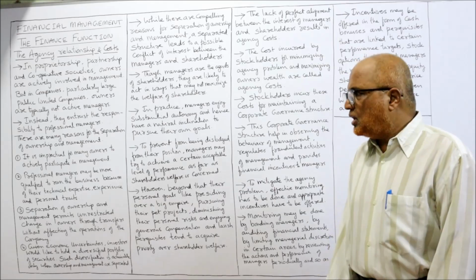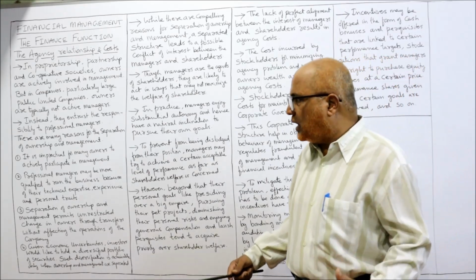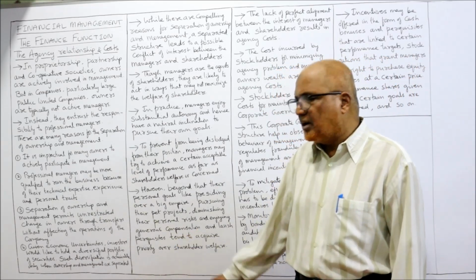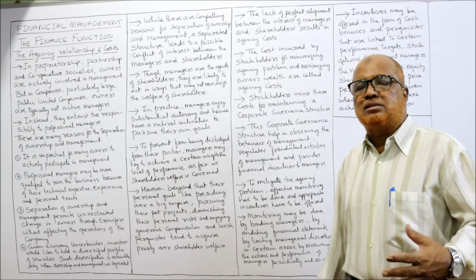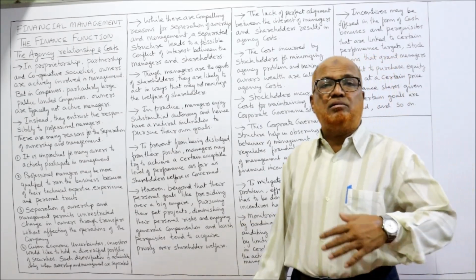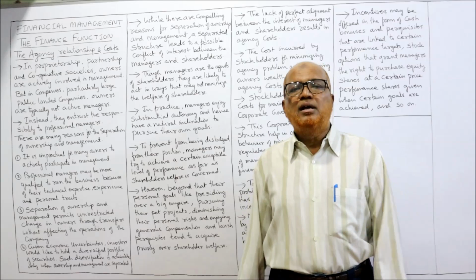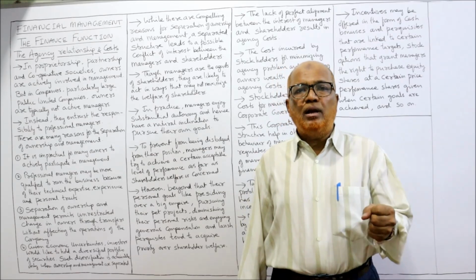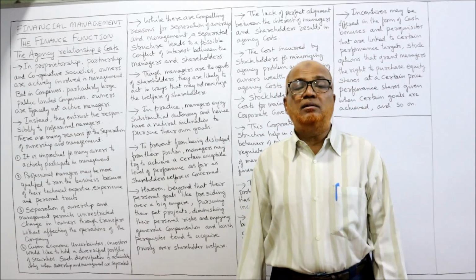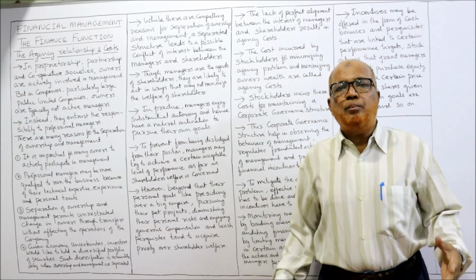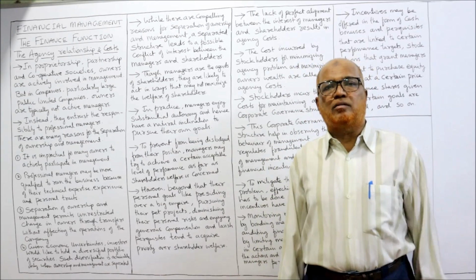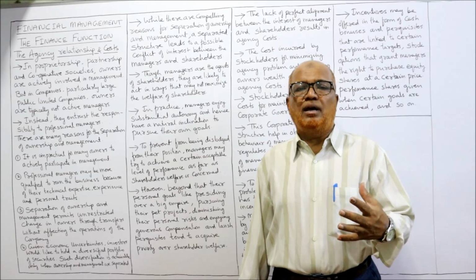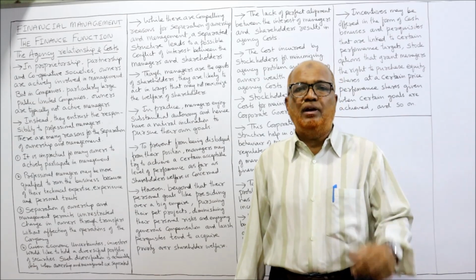Secondly, professional managers are qualified to run the business because of their technical expertise, experience, and personal traits. See here, some people will have born leadership qualities, traits. Some people are professionally highly experienced, highly qualified, expert in a particular field.